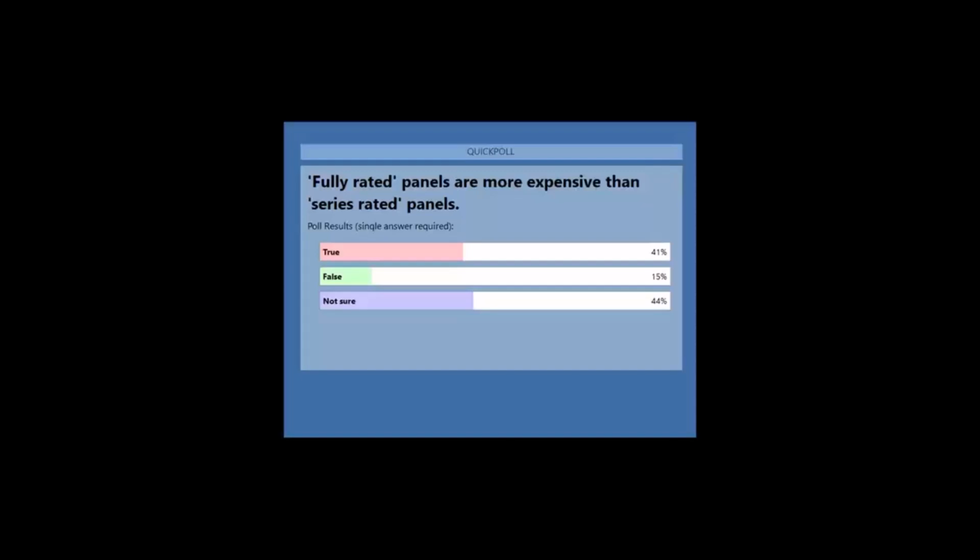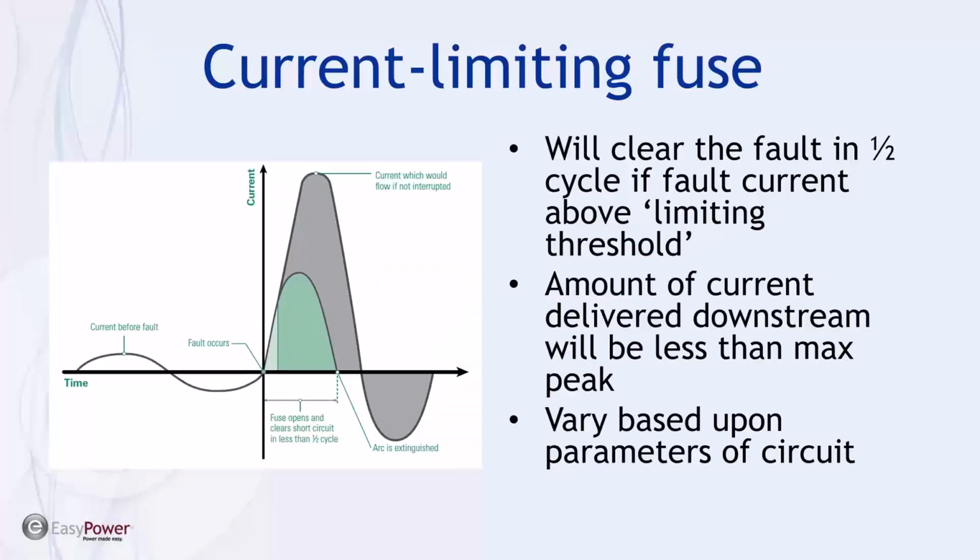Okay, well, as you might have guessed, the topic today basically evolves around the element that's available as a protective device called a current limiting fuse. And the definition of a current limiting fuse is that it will clear a fault in the first half cycle as long as the fault current's above the limiting threshold.